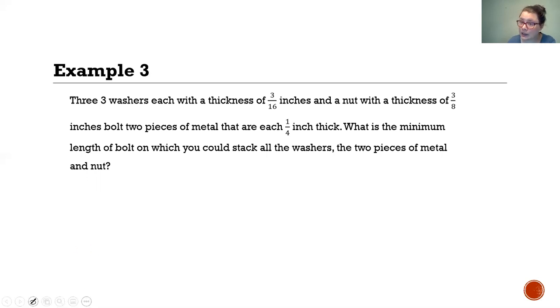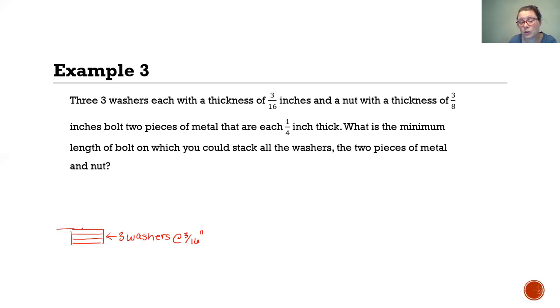So let's layer the stack. And the order's really not going to matter. It's going to take up the same amount of space. So I'm going to start out with my 3 washers. 1, 2, 3. So there's our 3 washers. And they're each 3/16 of an inch.